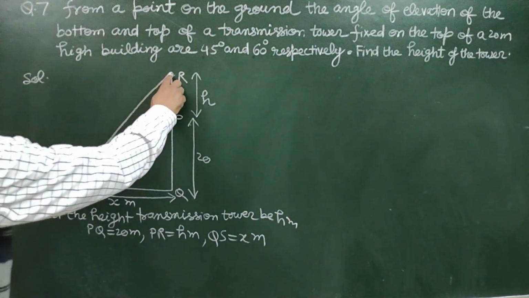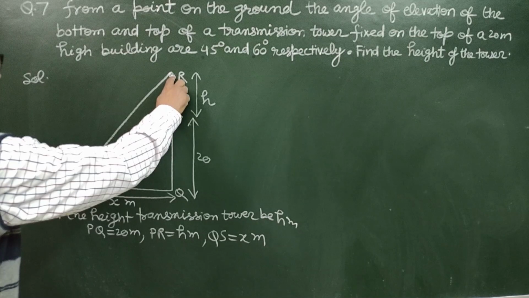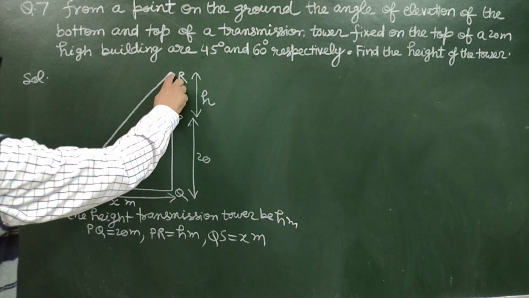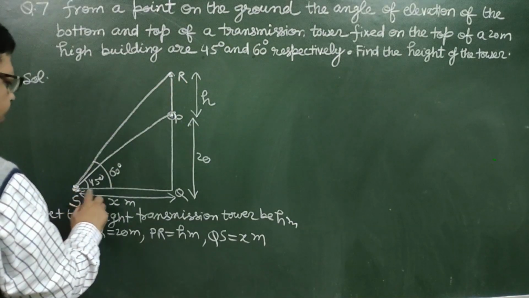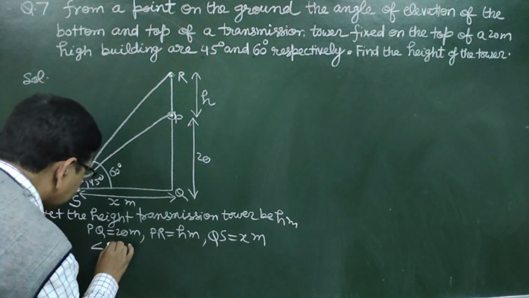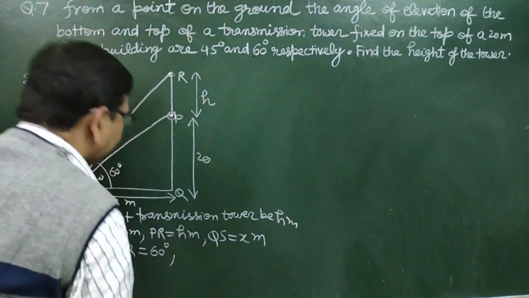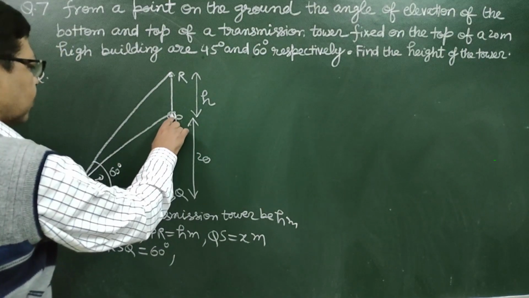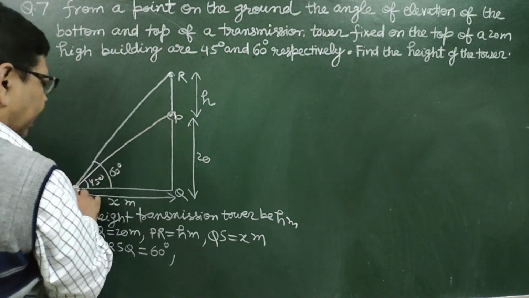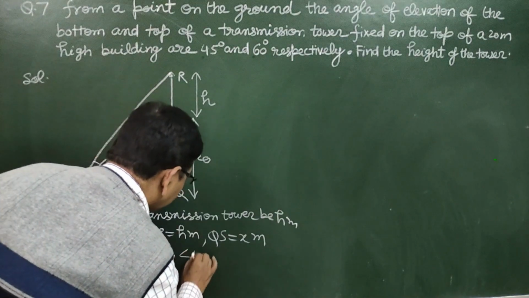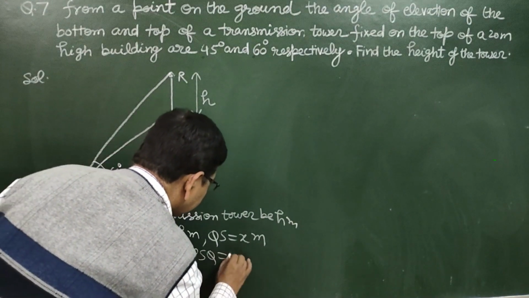Angle of elevation of the top, that is angle RSQ, is equal to 60 degree, and angle of the bottom of the transmission tower, that is angle PSQ, is equal to 45 degree.